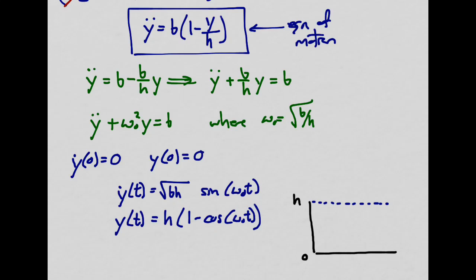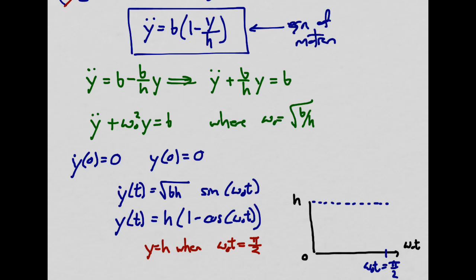And the only way that cosine omega t can be 0 is at the point in which omega t is equal to pi over 2. So that means on our time axis, or let's call this the omega t axis, we're looking for the point equal to pi over 2.